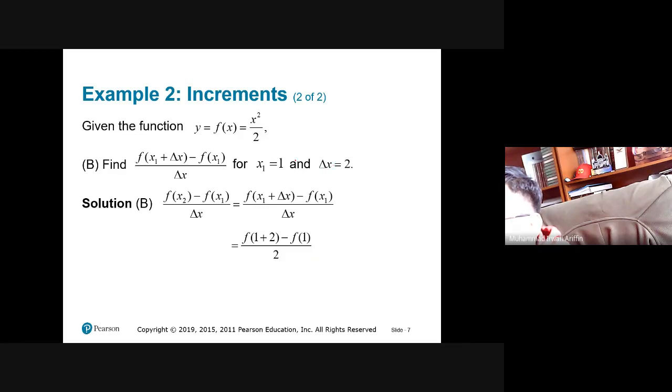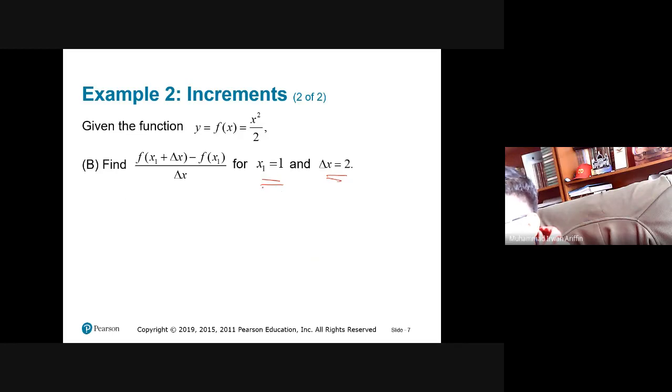Let's say we are given this information, x1 equals 1 and delta x equals 2. So for this difference quotient, we simply substitute all these values back here. So x1 equals 1, put it here. This one we put it here. Once we get the value, you simply plug it in back here.